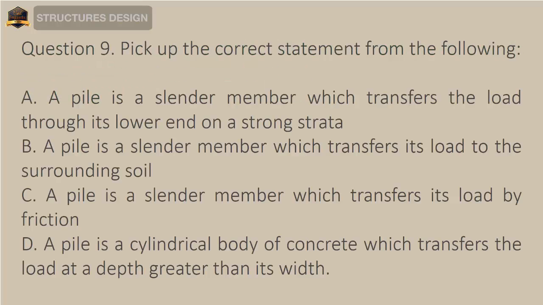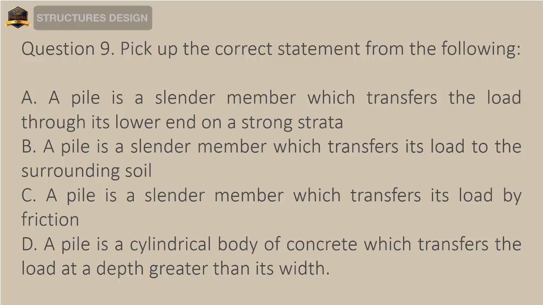Question 9. Pick up the correct statement from the following. A. A pile is a slender member which transfers the load through its lower end on a strong strata. B. A pile is a slender member which transfers its load to the surrounding soil. C. A pile is a slender member which transfers its load by friction.